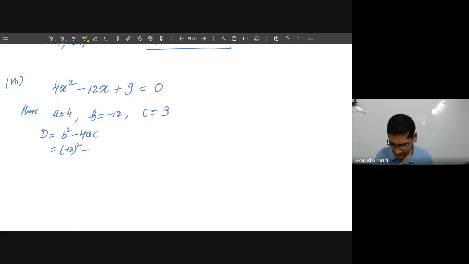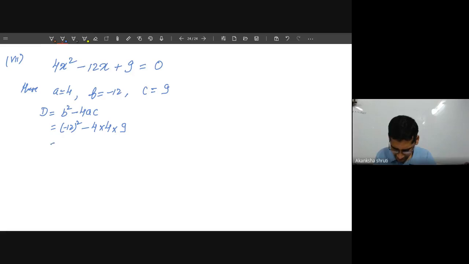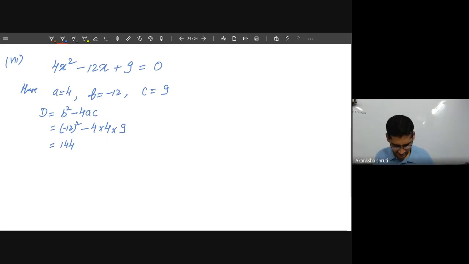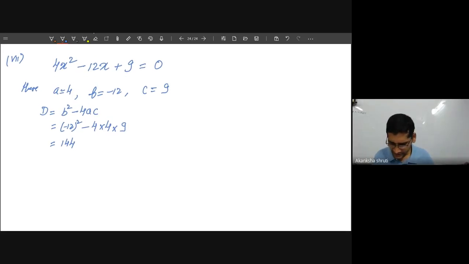Sign is very important in all these cases. Into 4 into 4 into 9. Student, what we are getting is like this. It is 144. Then it is how much? Yes, student, it is 16 into 9.